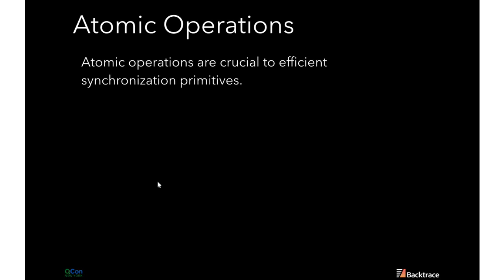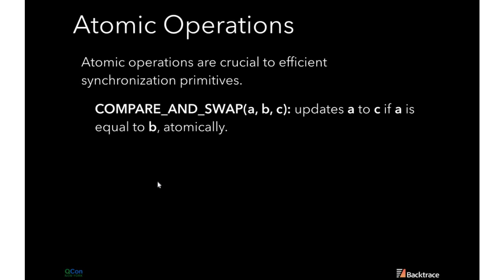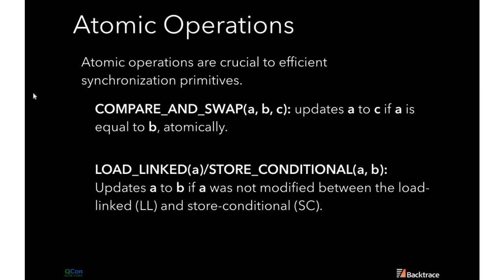So atomic operations are typically what's used to implement concurrent synchronization primitives, as they provide atomicity guarantees very cheaply. The most popular primitives today are compare and swap. So if A and B are equal, then set A, or the value of the object pointed to by A, to C atomically, and load-linked store-conditional, or LLSC.